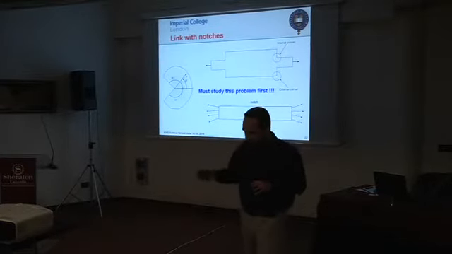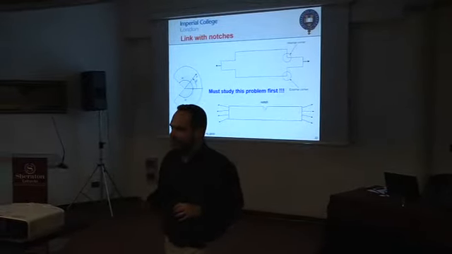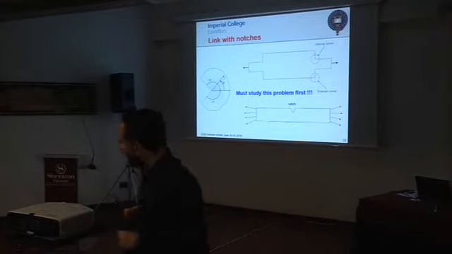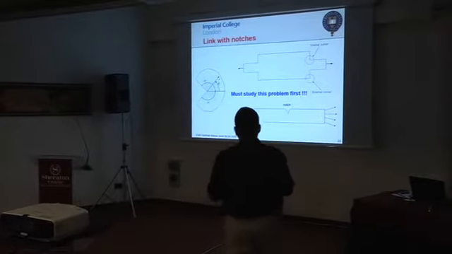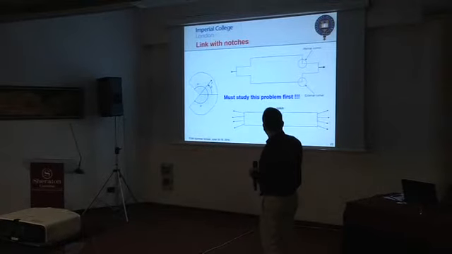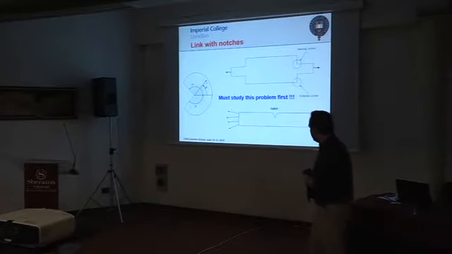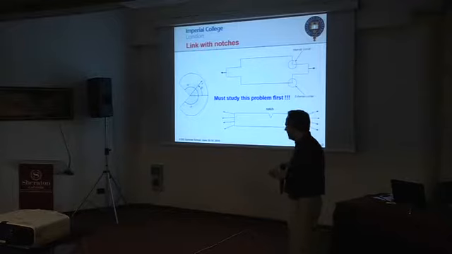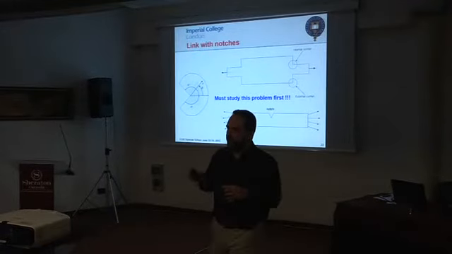And that's where the link with fracture comes in. If I want to study a contact problem, I could start by looking at notch specimens. So I can start looking at what happens in the corners of uniform materials with notches.